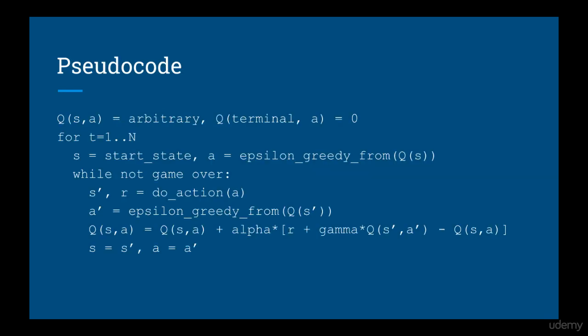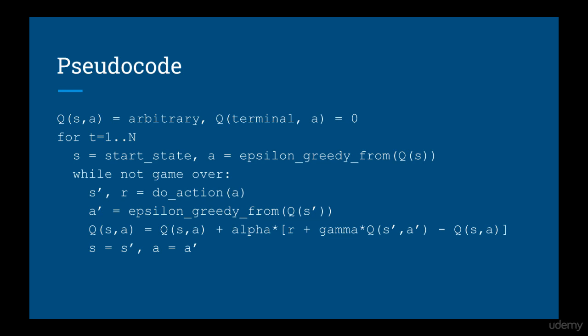Let's look at some pseudocode to solidify this idea. First, we initialize Q arbitrarily and 0 for any terminal state. Next, we enter an infinite loop. Inside the loop, we start a game. We get the first state and select the first action based on epsilon greedy and the current Q. We'll call this the tuple SA. Inside this loop, we start another loop that ends when the episode is over.